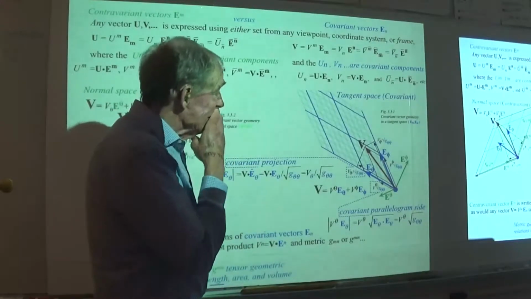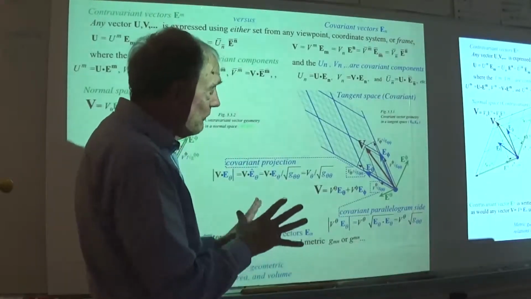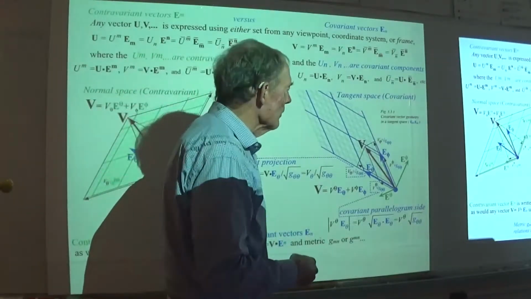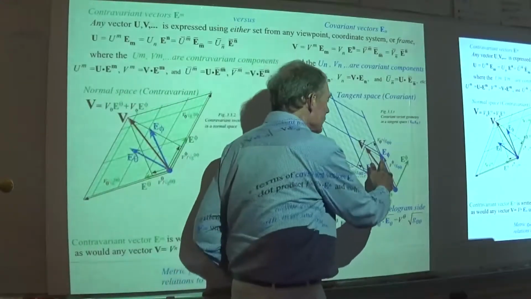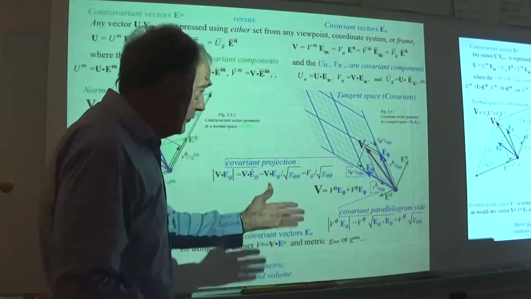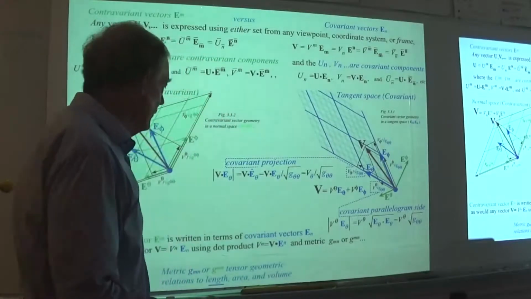So all of this is stuff we're now having to pay the piper for having GCC coordinates, which are not unit vectors, and they're not orthogonal. Of course, we've made that point before, but here's where the length of them comes in.